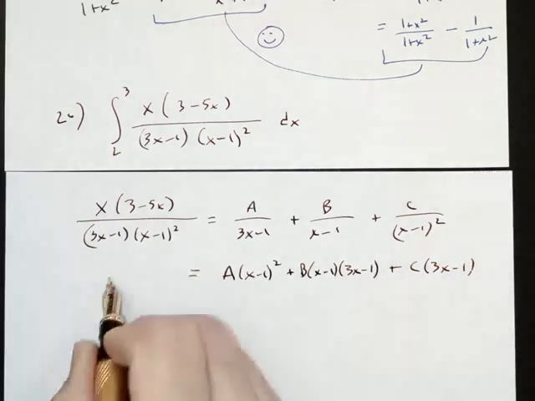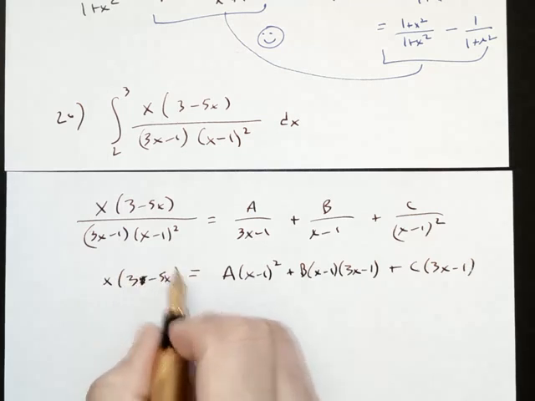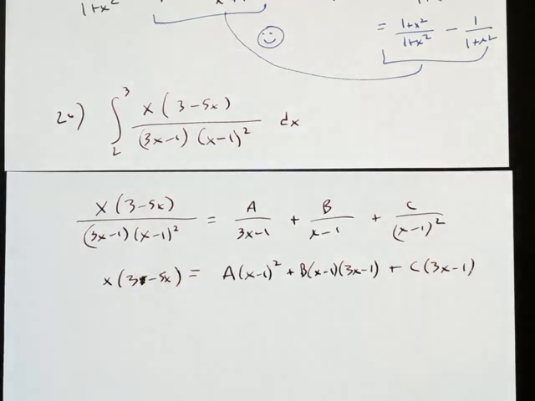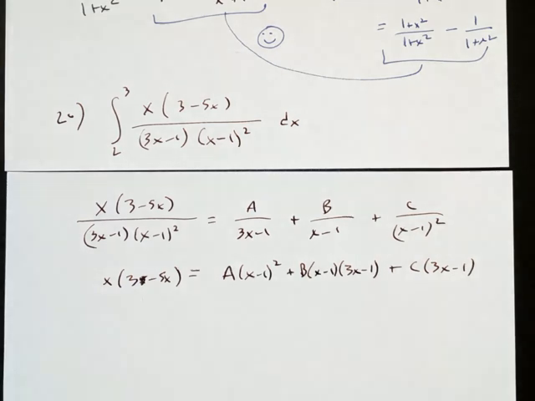And then over here, I'm going to get x times 3 minus 5x. If I did, then over here, I would actually have an extra x minus 1, wouldn't I? Yeah. So this is a case where you used a common denominator, but not the lowest common denominator. And that's not wrong, it just gives you an extra bit with the x minus 1.